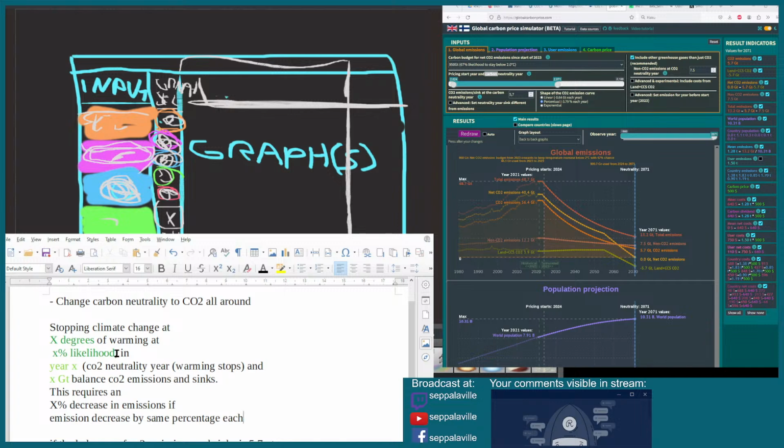Same percentage, so here also percentage. So this could also be amount.